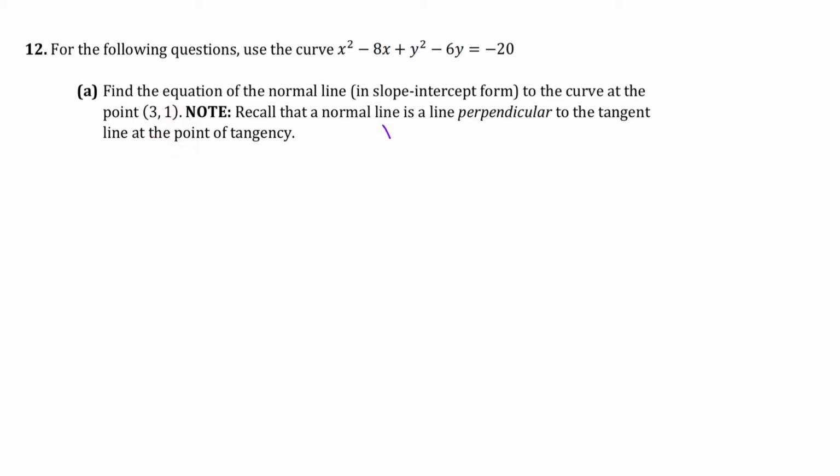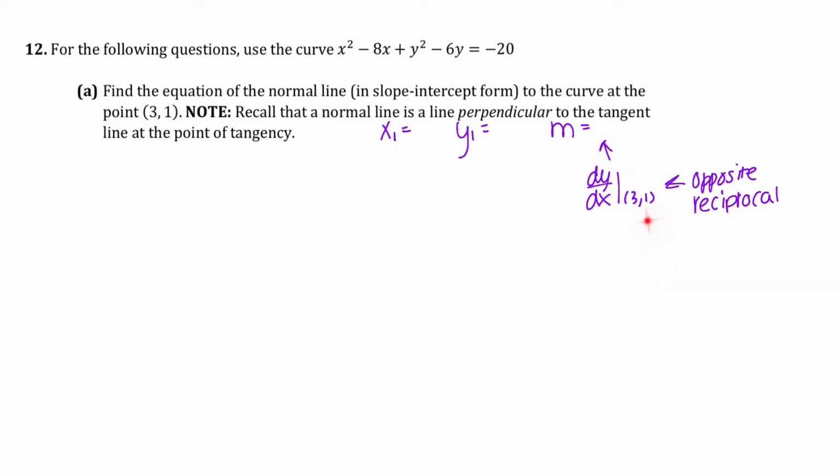So for a line in general, we need an x value, we need a y value, and we need a slope. And normally this slope, right, for the tangent line would be the derivative evaluated at the point we were given. However, because it's the normal line, we want to find the perpendicular slope. So we want to find the opposite reciprocal of the tangent slope.